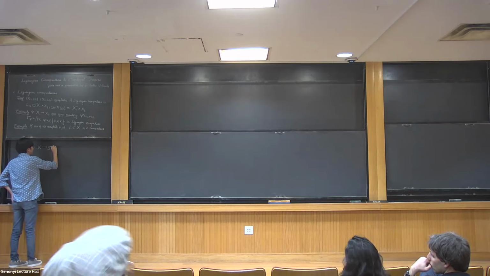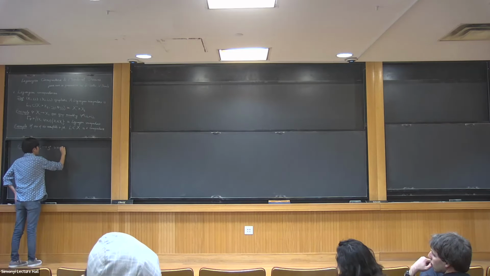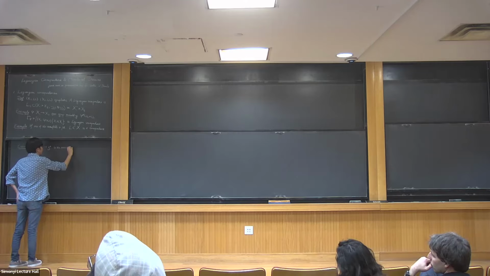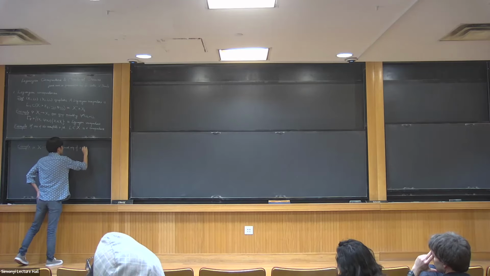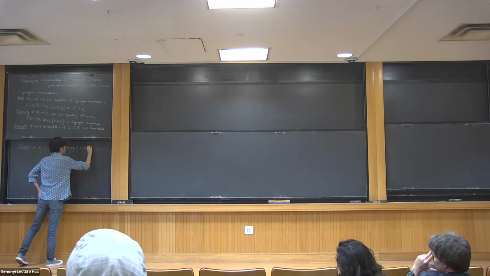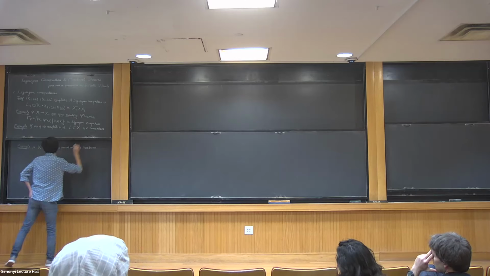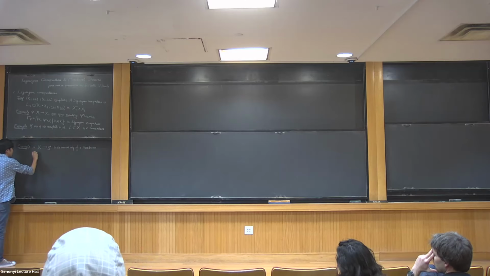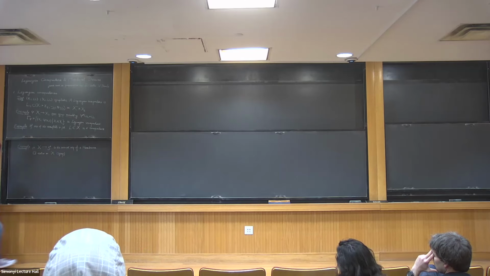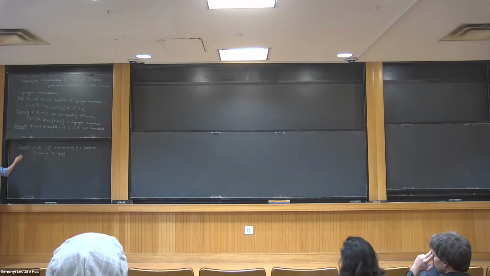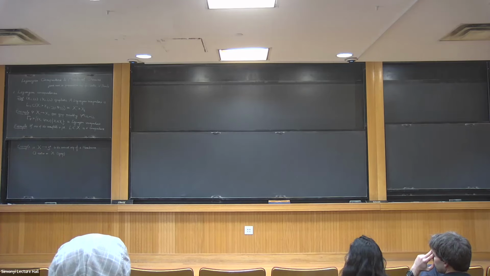Say this is the moment map of a Hamiltonian G action on my symplectic manifold X. And now I can also just look at the graph of such a G action.